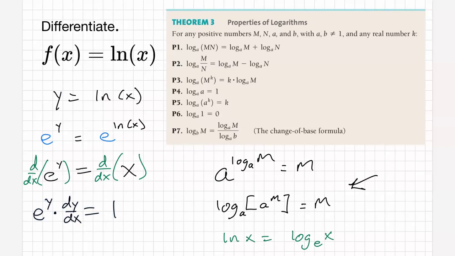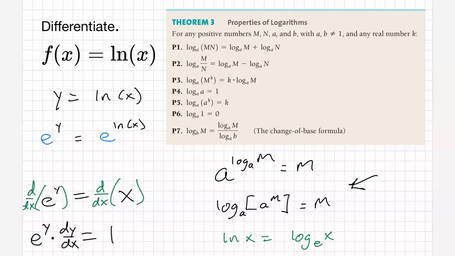Now, what we really like to see is that I have dy dx. That's really what we're trying to find when we differentiate. With that said, the only thing I have to deal with is this piece here. What did we say e to the y equals, though? Not e to the y, but what did we say the other side was? What does this simplify to? Just x. So what does e to the y equal?